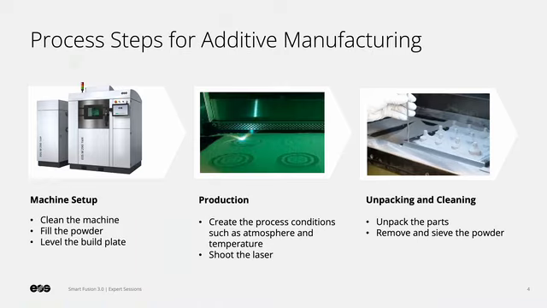The production in metal additive manufacturing starts with machine setup, namely cleaning the machine, filling up the powder, and precisely placing the build platform. Afterwards, we flood our machine with protective gas, which will be assuring the stability of laser material interaction. The process starts only after establishing proper conditions.